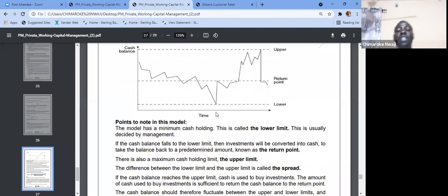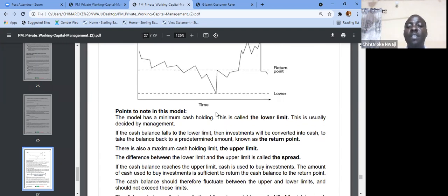And so the difference between the upper limit and the lower limit is called the spread. That spread is very, very important. The spread formula is always given to you in the exam. Now, the spread is also looked at this way.